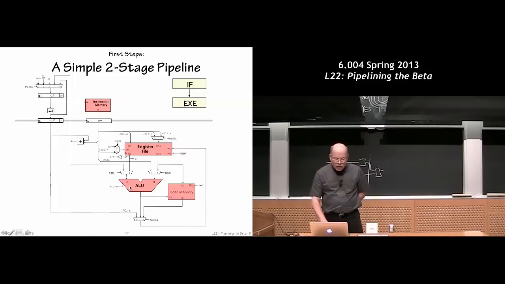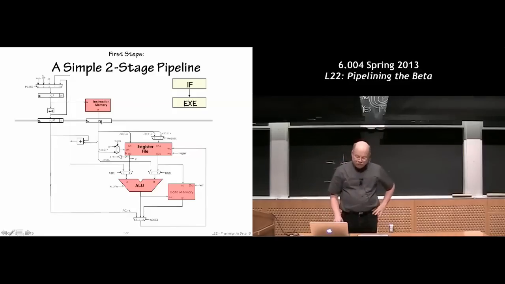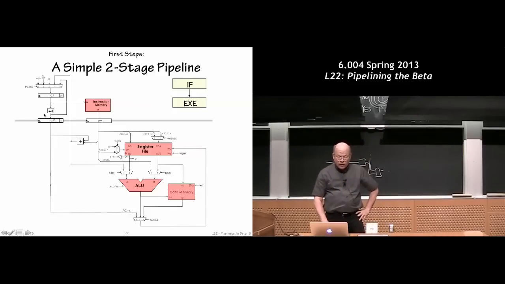So what we're going to do is add some registers here. You can see this big gray stripe, and we're going to add some registers where the stripe crosses information that's flowing down the page. To execute the instruction properly, I'm going to need its PC plus 4, because that's used by various instructions.